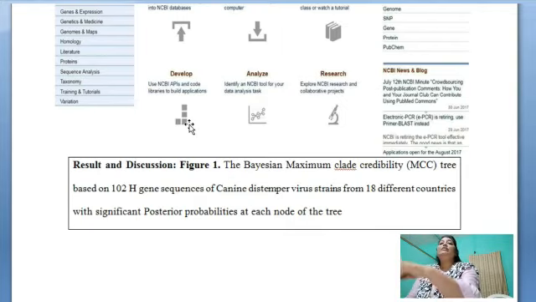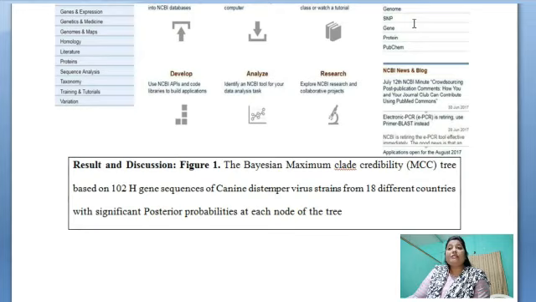In this, the output of this research work is the Bayesian maximum clade credibility tree, that is the software used for the sequences of the hemagglutinin gene to show the evolutionary relationship among the group of all organisms used in this work.